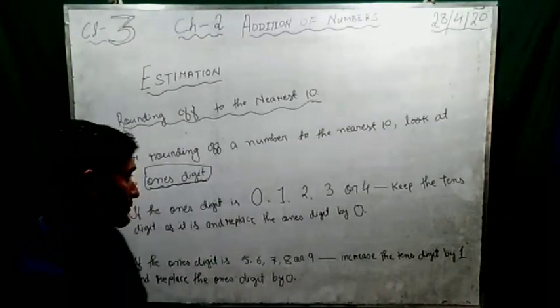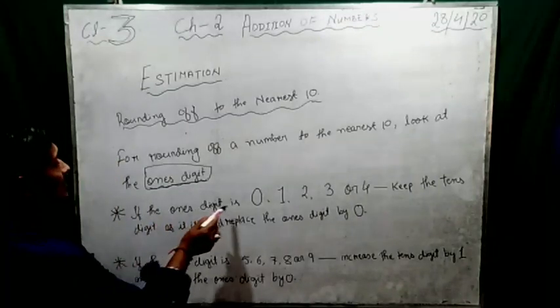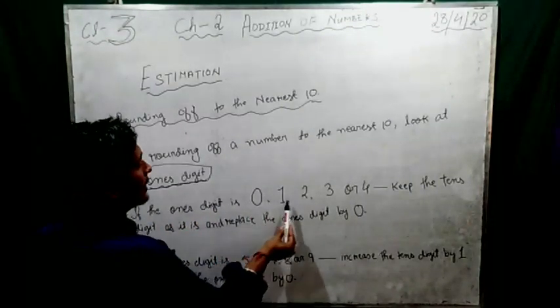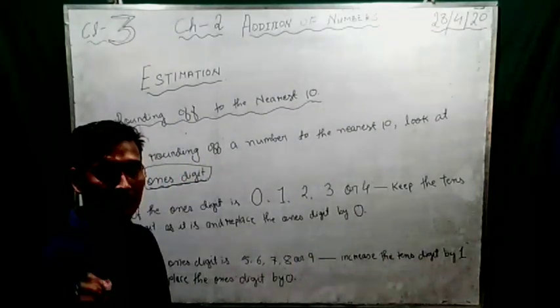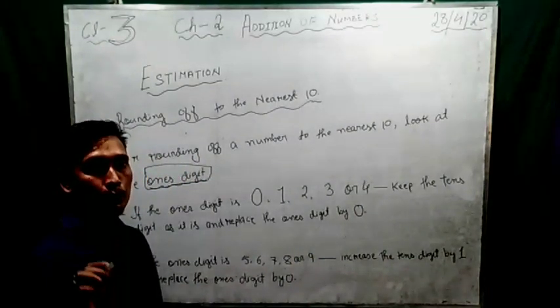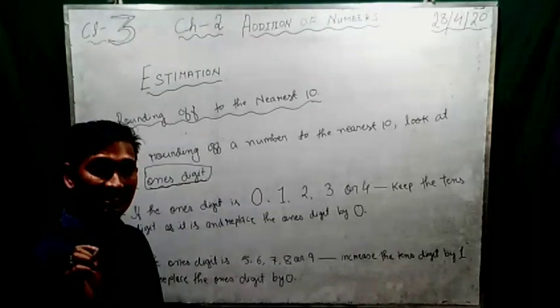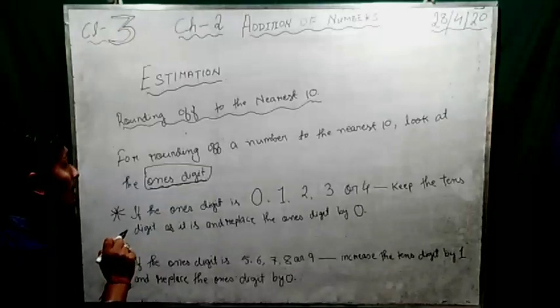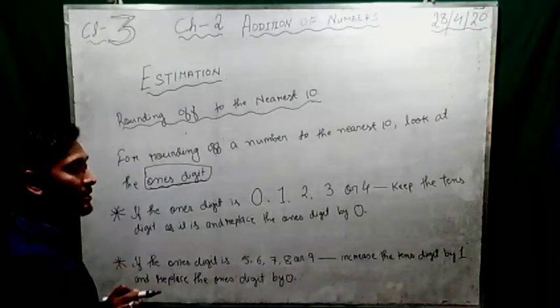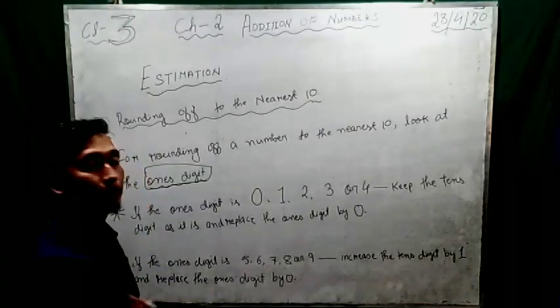See, if the ones digit is 0, 1, 2, 3 or 4, then keep the tens digit as it is and replace the ones digit by 0.